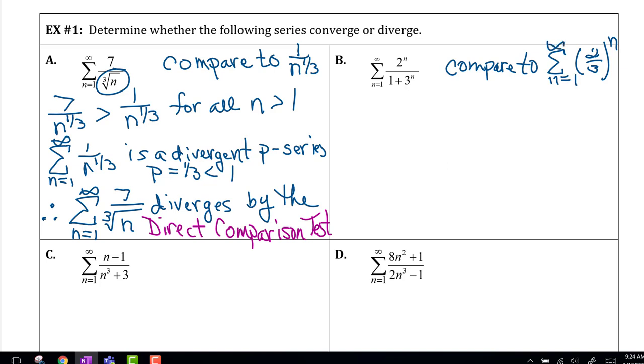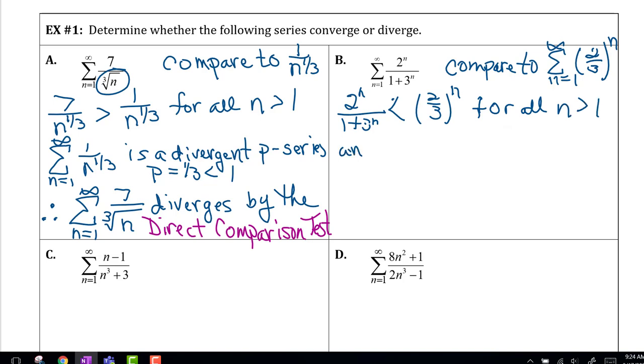So we have a geometric series, and what we can also notice is that this series term is always going to be less than my 2 over 3 to the n. Those terms are always going to be smaller for all n greater than 1.